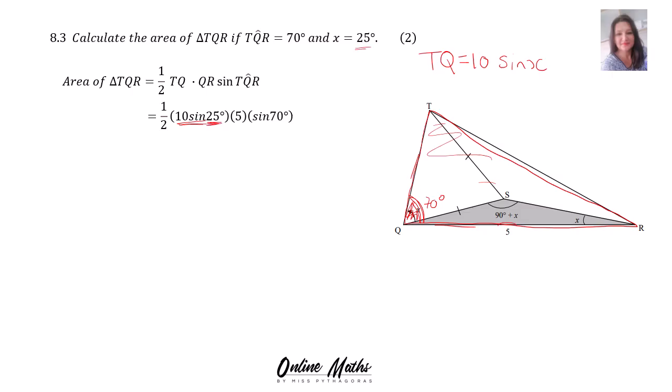QR was given that it's 5 units, and then sin TQR, and that one was also given that it's 70 degrees. Substitute everything, work it out with your calculator to 2 decimal places, and you get the area as 9,93 units. Where's the marks? Area rule, answer.